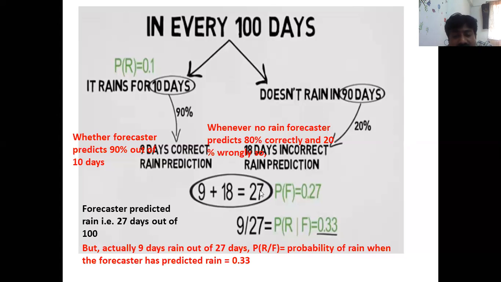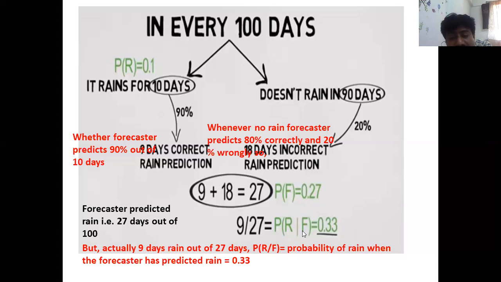So the probability of F, that the forecaster predicted rain, is 27 days out of 100. F is the forecaster's prediction, so the probability of F will be 0.27, that is 27 divided by 100.